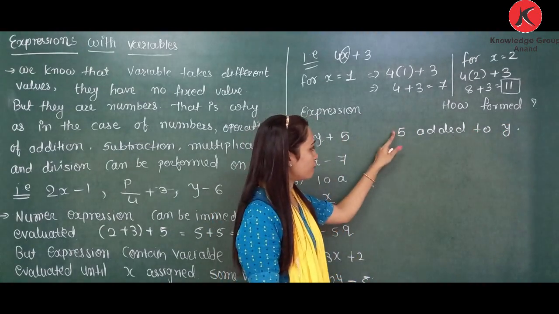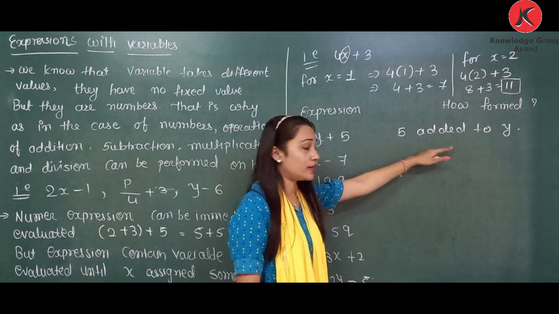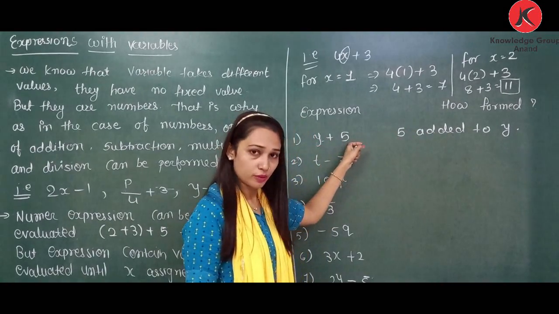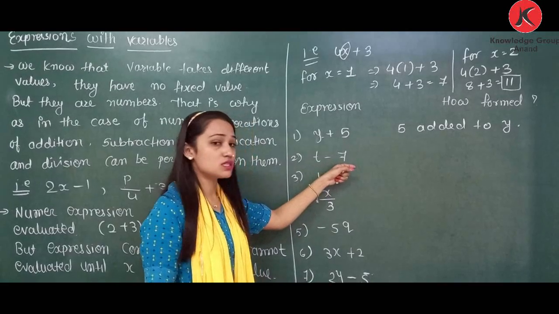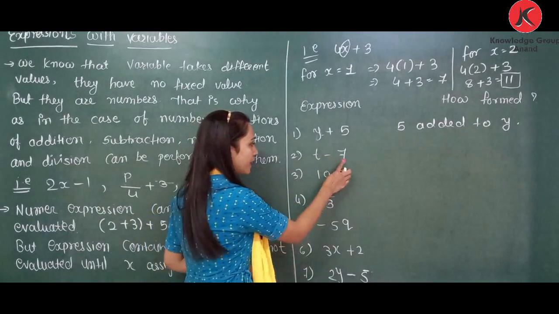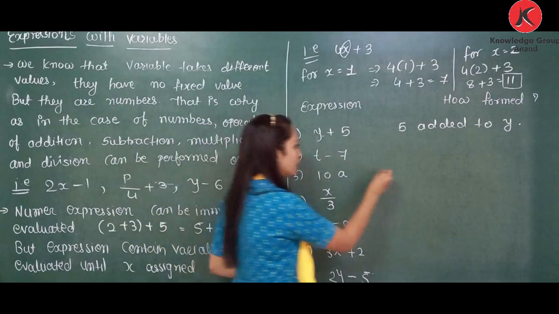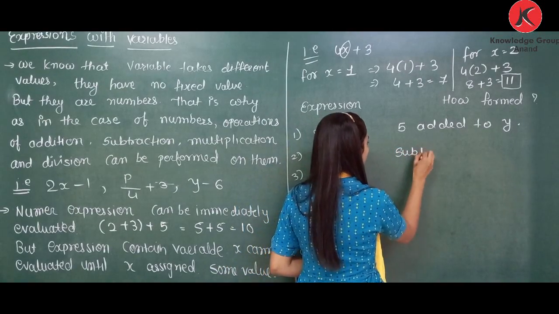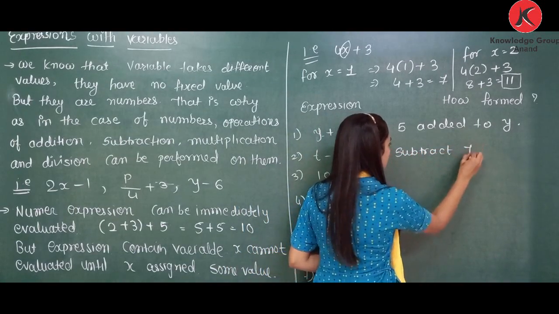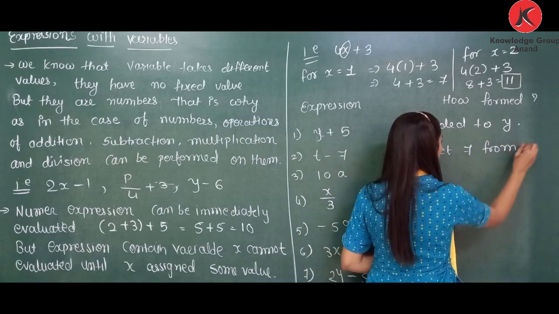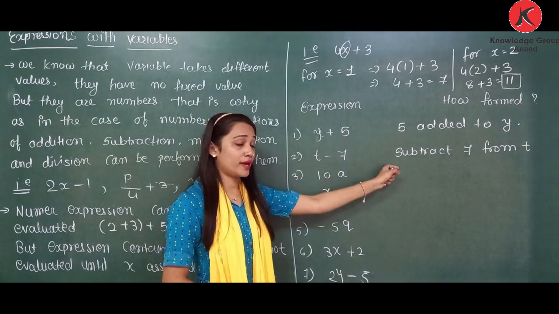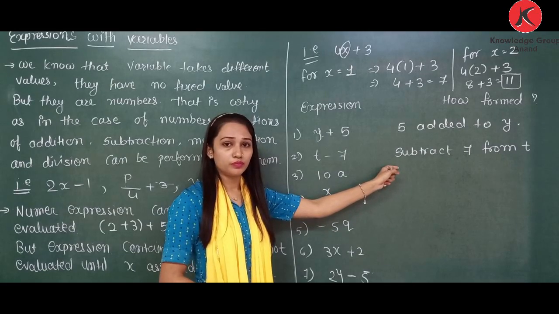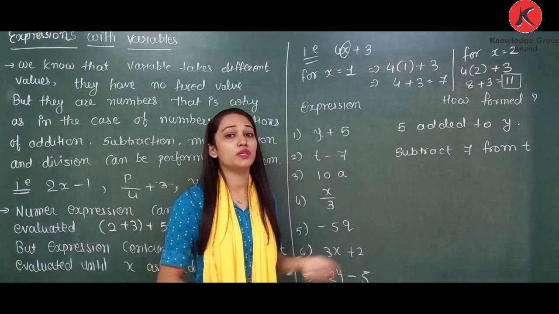If we add 5 to y, we get the expression y plus 5. Next is t minus 7. What is this? It is a subtraction. Subtract 7 from t. So we can write subtract 7 from t. This is important when we need to solve a word problem, so you need to understand how expressions are formed.